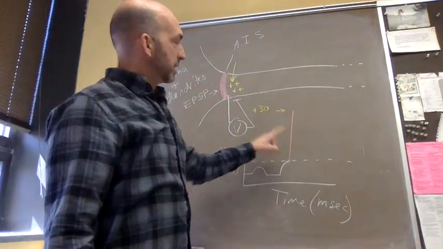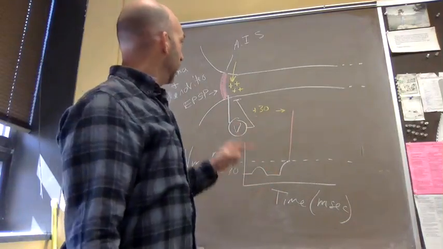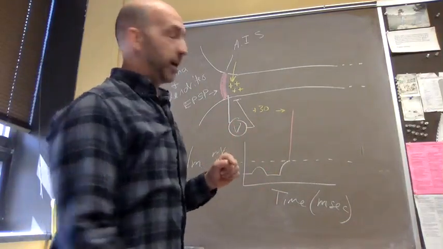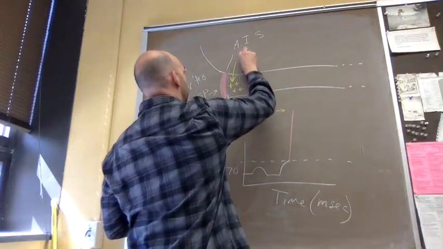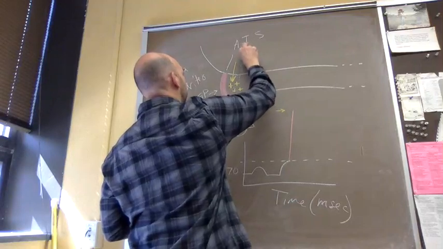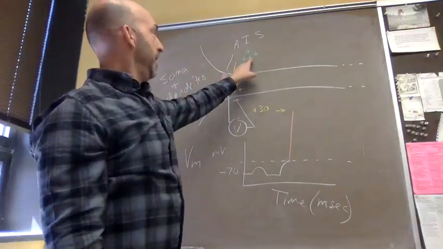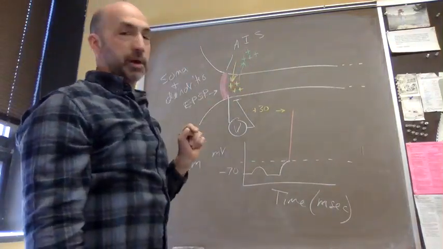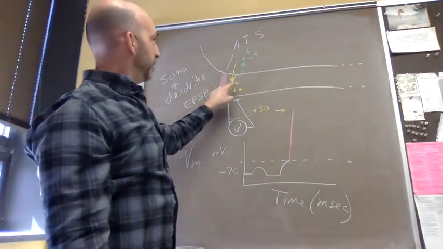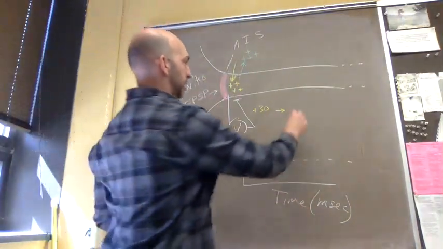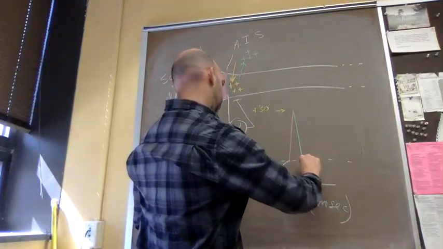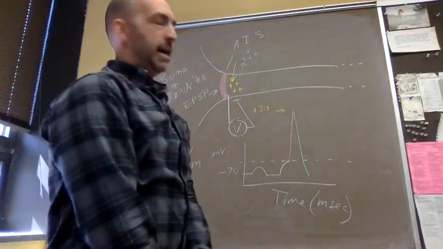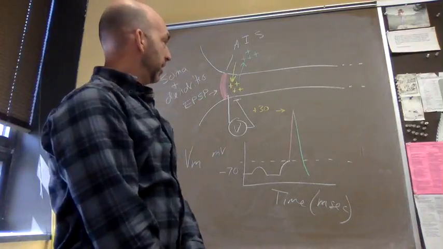So we depolarize, but we need to quickly repolarize, and that happens through potassium efflux. So very quickly afterward, at the same spot, our green pluses here would be potassium, our yellow ones would be sodium. And the sodiums would come in first, and the potassiums would come out second. So here comes our repolarization due to potassium efflux leaving the cell.